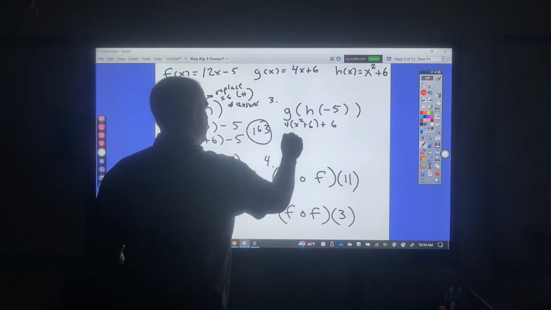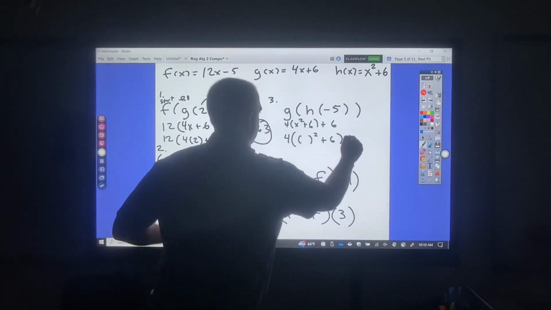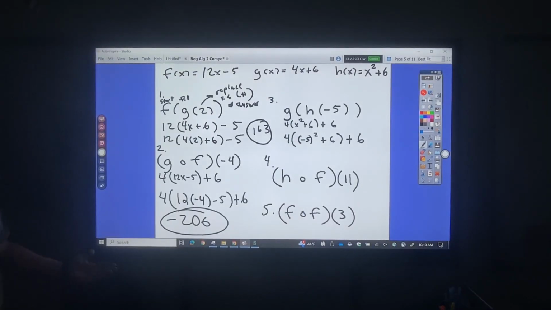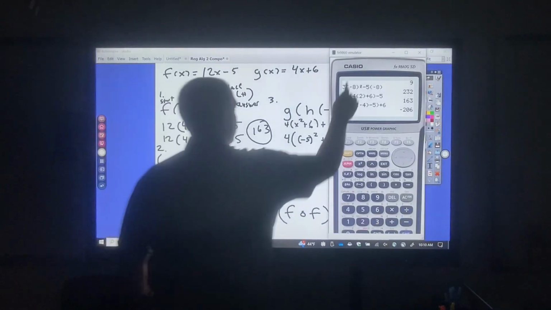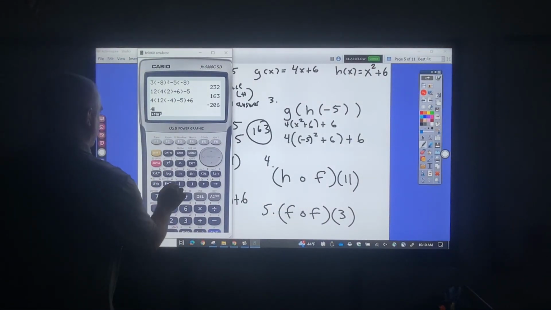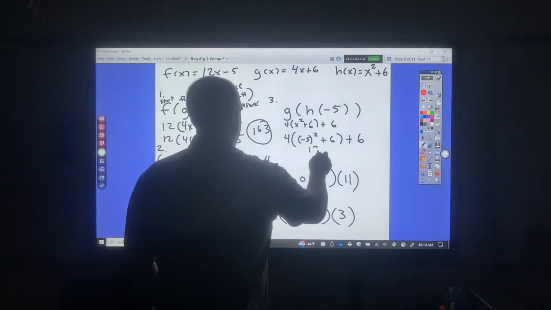Now -5 means I got to take that parenthesis out. Okay, I'm going to put a -5. Just got to type all the stuff. That's really it. Let me move this over. Okay, so 4 parentheses again, -5 squared, plus 6, close it, plus 6, 130.